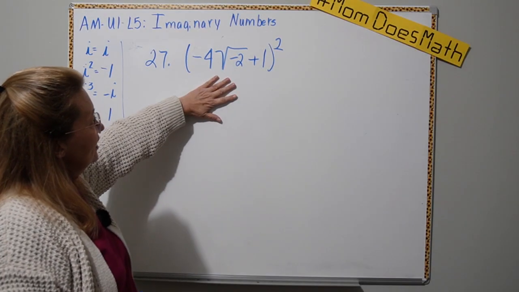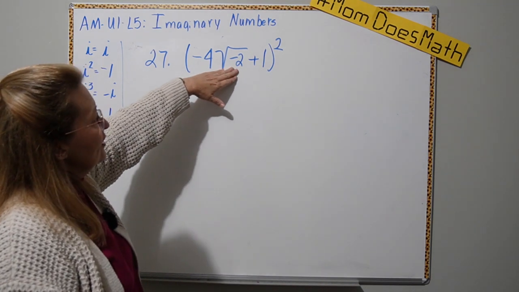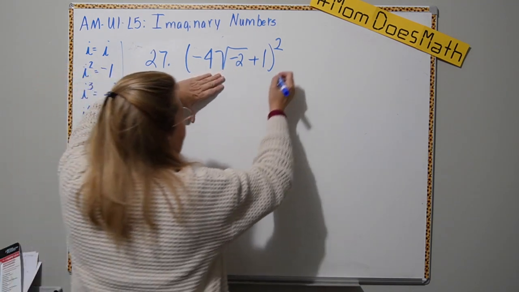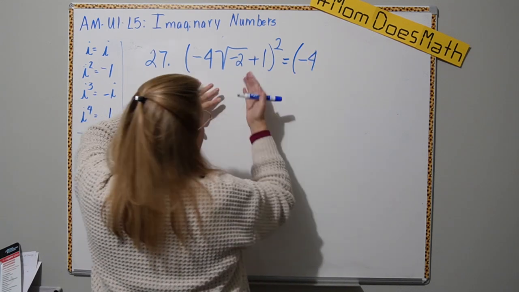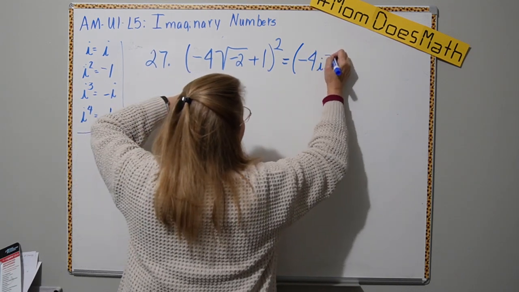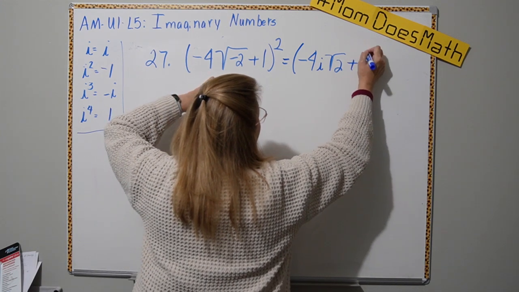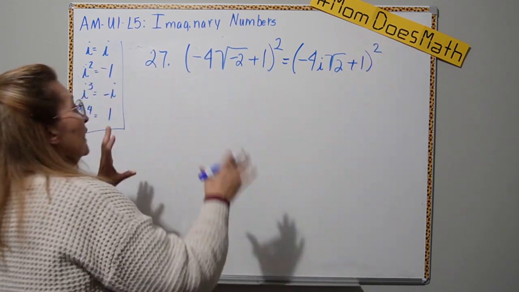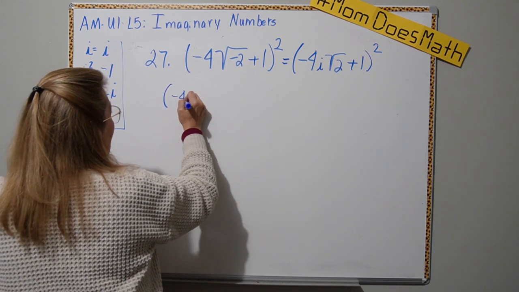Okay, for number 27, we have this binomial squared. So first, let's get rid of the radical, get rid of the negative in the radical. So this is going to be negative 4. We're just going to pull an i out, and that converts our negative to a positive, plus 1 squared. Now, when you square a binomial, don't forget, you don't just square each term.